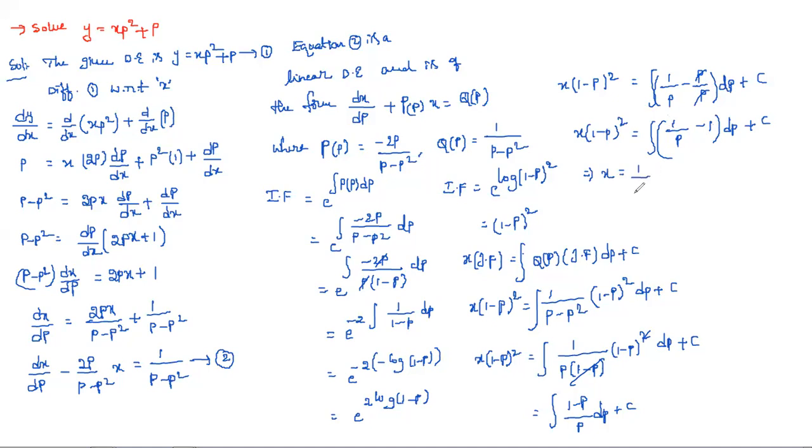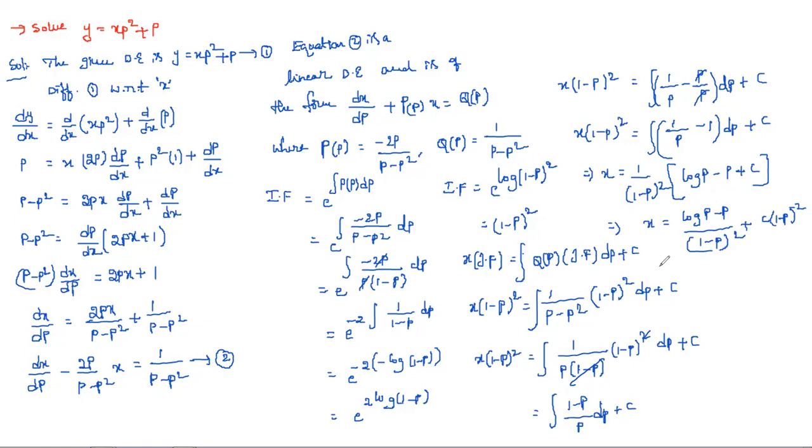So 1 by (1 minus p) whole square into, so integral 1 by p is nothing but log p, and integral 1 is nothing but p plus constant c. Then simply what we can write, x is equal to (log p minus p) by (1 minus p) whole square plus c into (1 minus p) whole power minus 2.